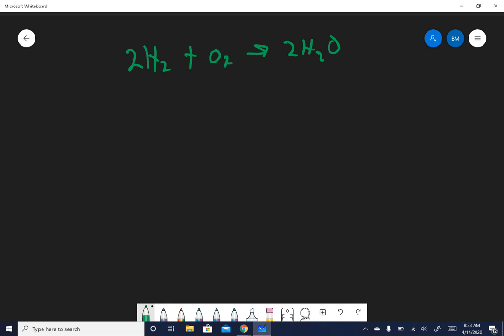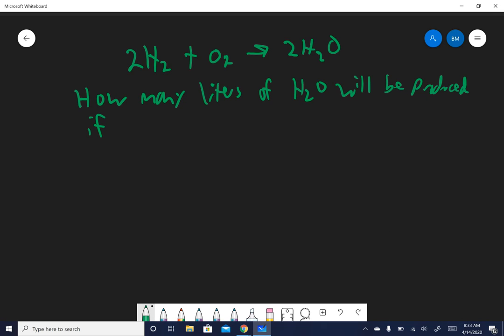This time the question is going to say, all right, how many liters of water will be produced if, I'll use easier numbers here, 3 moles of O2 react? So now I'm giving you moles of O2 and I want to know liters of water.